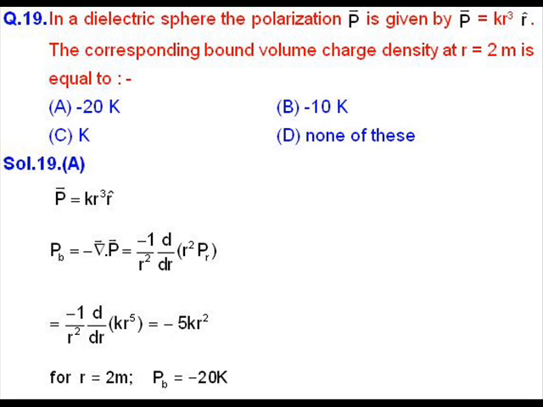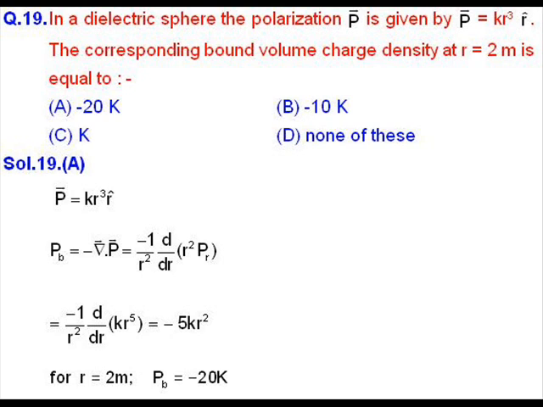So we know that bound volume charge density rho b is given as rho b equals minus the divergence of P vector, and also we know that the divergence of P vector in spherical coordinates is given as 1 by r square d upon dr of r square Pr, where Pr is the radial part of polarization along the radius. That implies rho b is equal to minus 1 by r square d by dr of r square Pr.